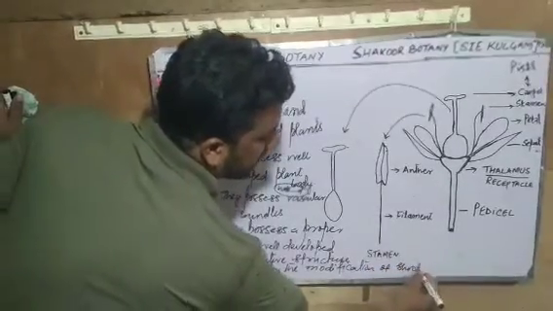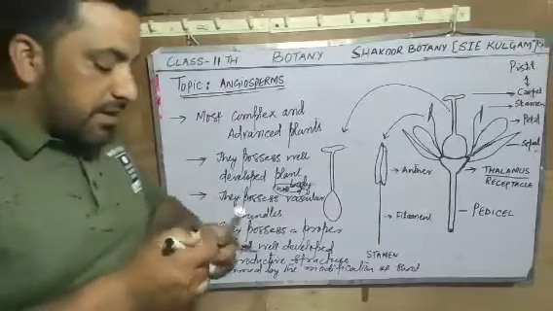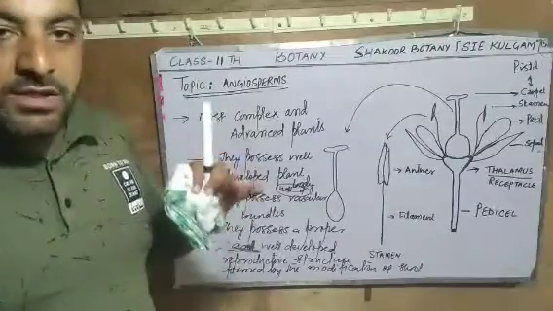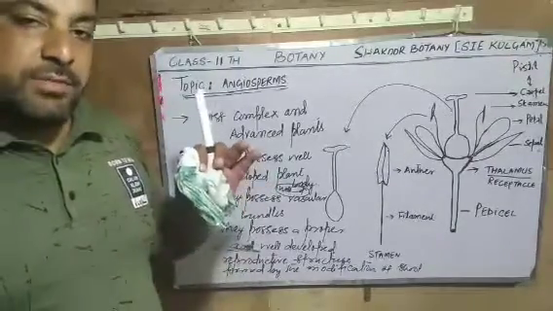So the unique feature of angiosperms के अंदर ये है कि इनके अंदर एक प्रॉपर स्ट्रक्चर होता है फॉर द प्रोसेस ऑफ रिप्रोडक्शन, एंड दैट स्ट्रक्चर इज कॉल्ड एज फ्लावर.